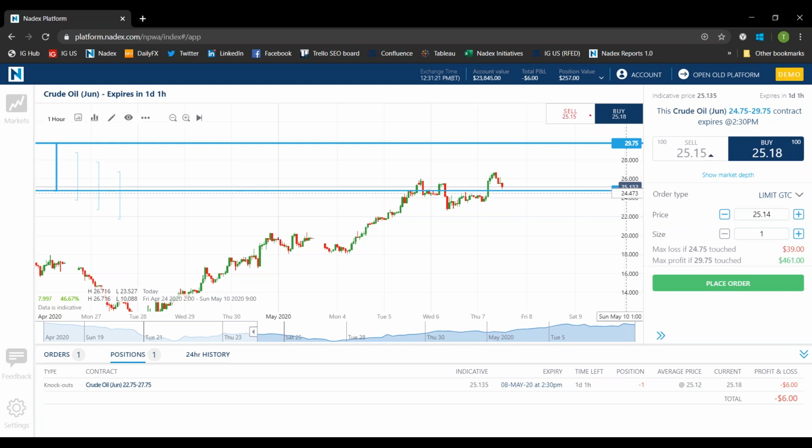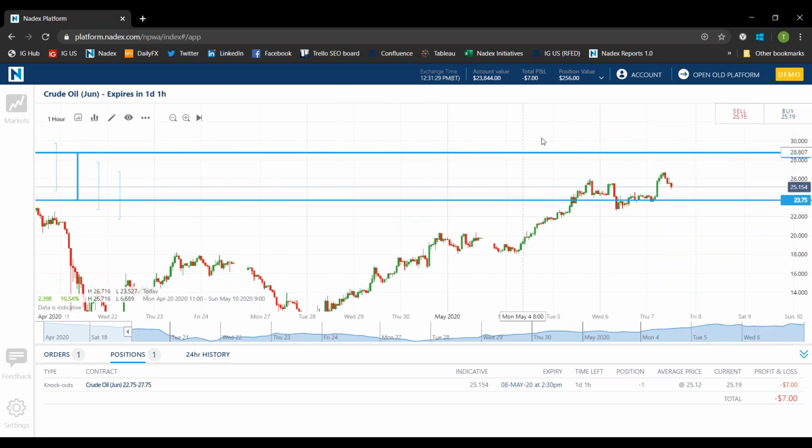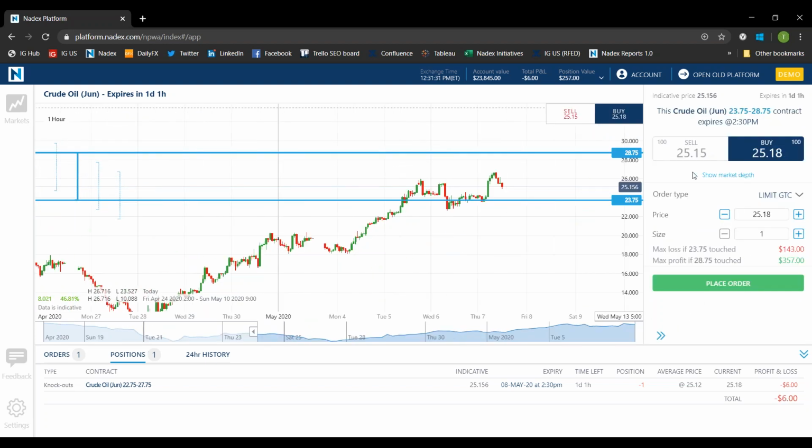If I thought oil was going up, but I thought maybe if it dipped down, I don't want to get knocked out of the trade here at 24.75, I wanted to give myself a little additional room. Maybe I choose this range, which is 23.75. Here, I'm risking a little bit more money. If it were to drop down, at least I could stay in the trade a little longer, but my upside would be capped.